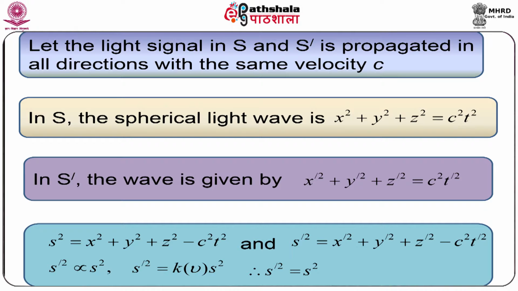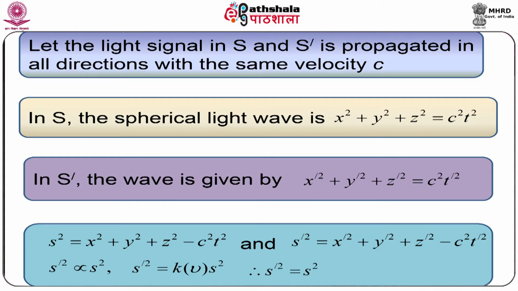In the same manner, in frame S', the light wave is given by x' square plus y' square plus z' square equal to c square t' square. x', y', z' are the space coordinates in frame S', while t' gives the time in frame S'. c, as usual, is the speed of light.